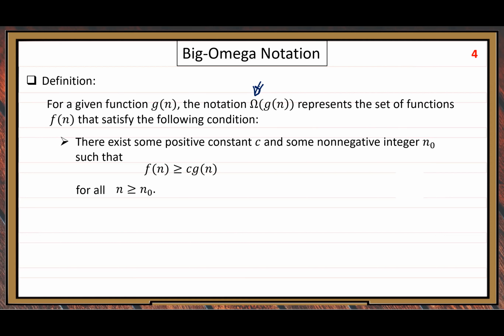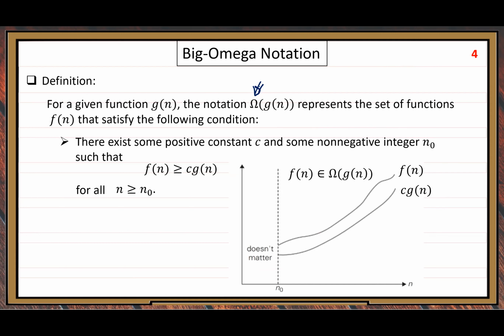We can also look at the relationship using this graph, but this time we adjust constant c such that c multiple of g of n is completely below the curve of f of n when n passes this n0 vertical line.